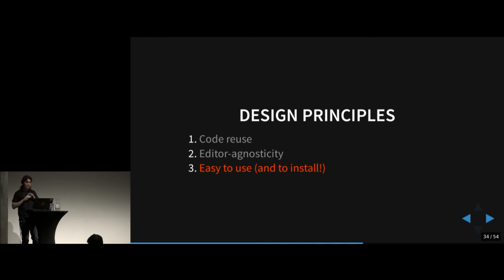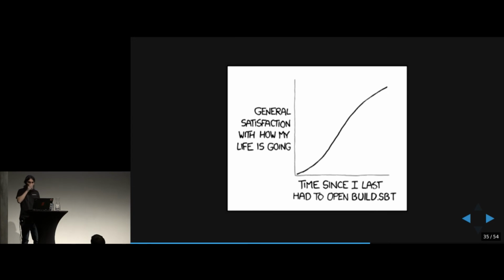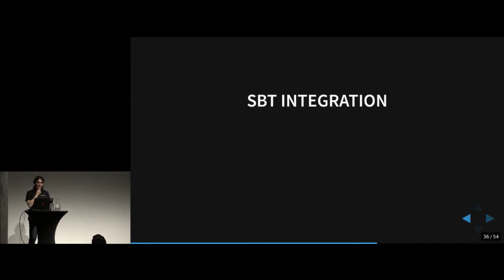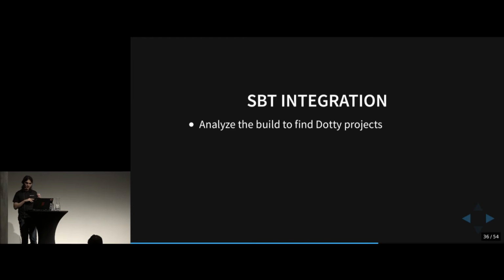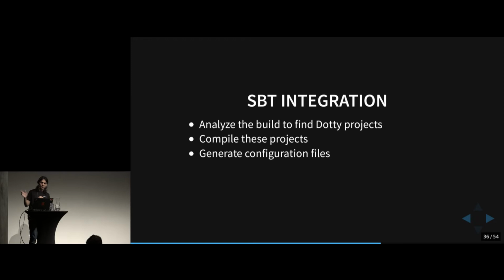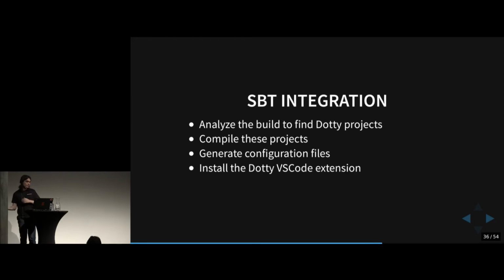Last design principle, and the most important one: you want things to be easy to use, of course. But it's not really easy, is it, with SBT or any build tool, really. So the kind of things we want to do is basically analyze the build, find all the Dotty projects, compile these projects, generate configuration files for these projects, install the VS Code extension, assuming you're using VS Code, and then launch the IDE.